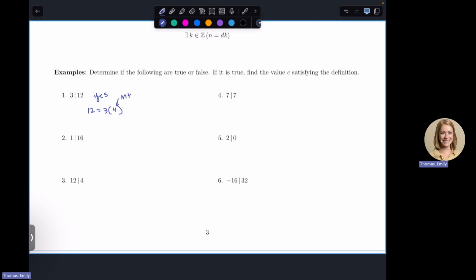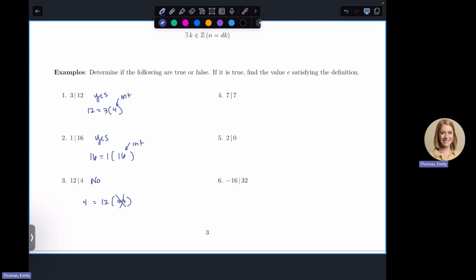Does 1 divide 16? Yes, so we can write 16 as 1 times an integer. That integer is 16. Does 12 divide 4? No. Here, we can't write 4 as 12 times an integer. Are we tracking?